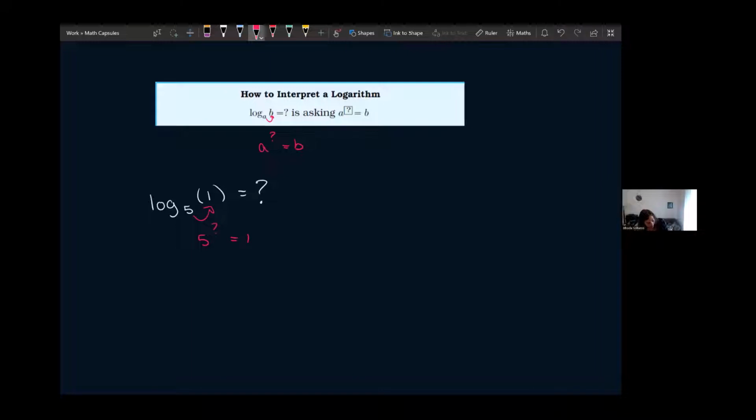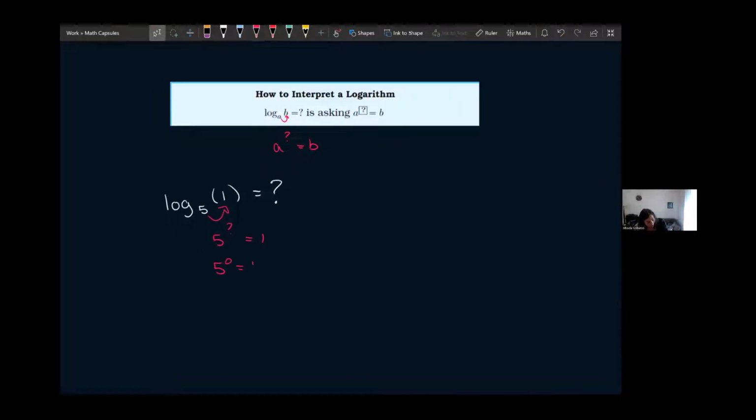So that means that the answer to my question is 0. Actually, you might notice that it doesn't matter that the base was 5 here.